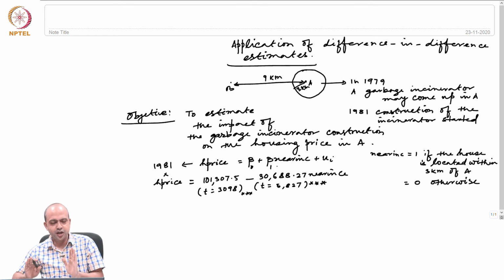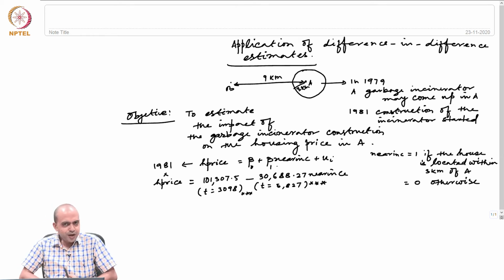Is that clear? Okay. So, you would be tempted to say, yes, this garbage incinerator has some negative impact on the housing price, because the housing price in A is 30,000 lower than that of place B.